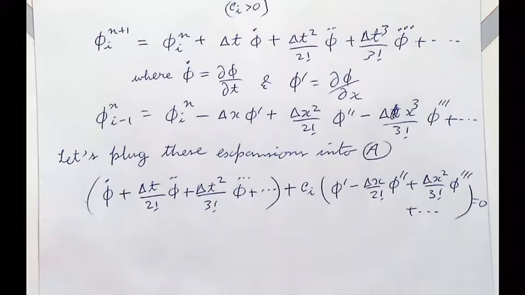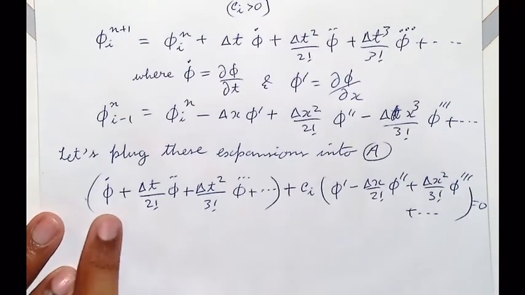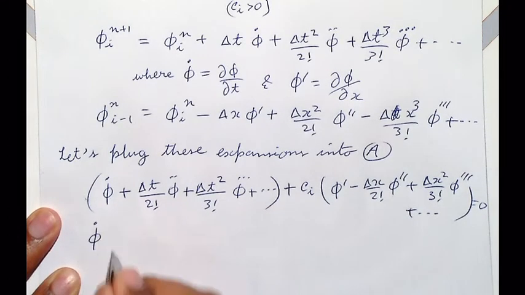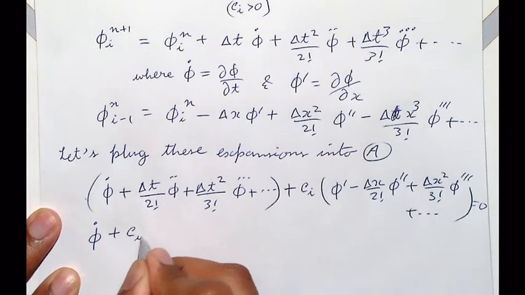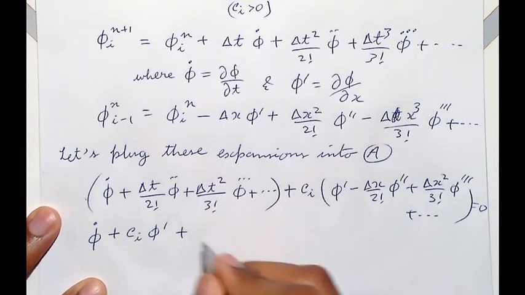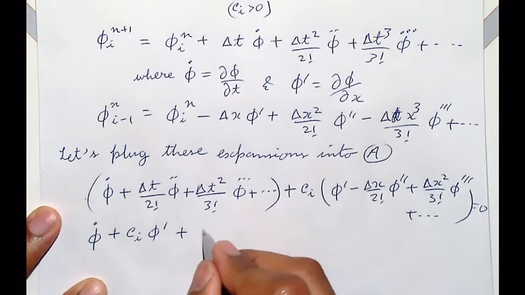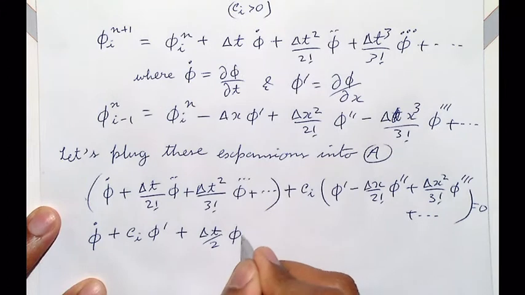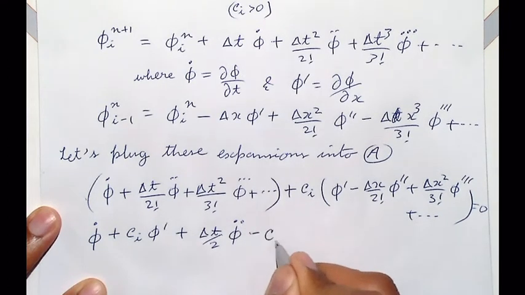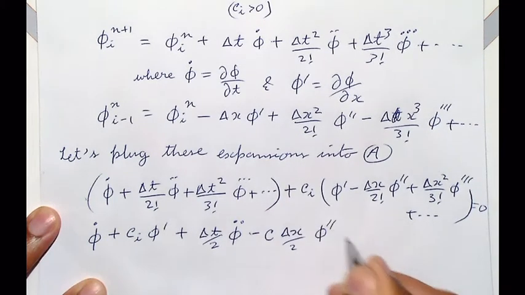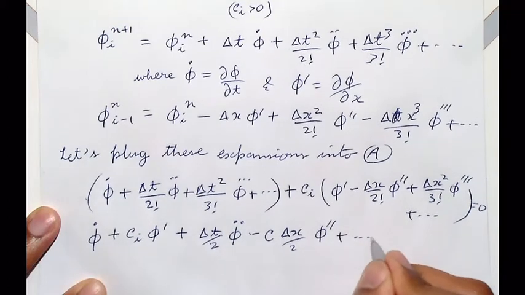So now we are starting to recover something that looks similar to what we want. We have phi dot plus c phi prime, and we have all these extra terms. Let me keep the first order terms: delta t over 2 phi double dot minus c delta x over 2 phi double prime plus higher order terms equals 0.